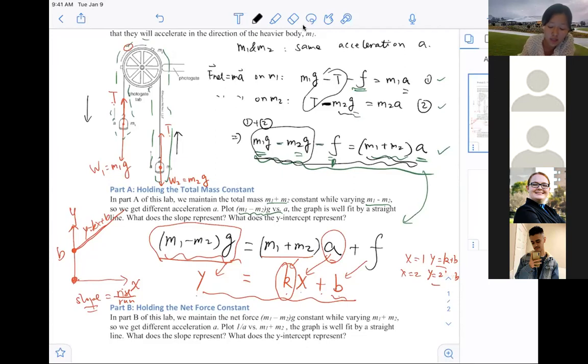So for example, when I was doing my left-hand side, I chose this one to be positive. This is more convenient for me because my acceleration is down. I can say my acceleration is positive, and my tension and friction is negative.